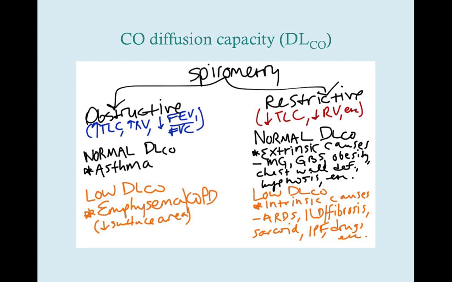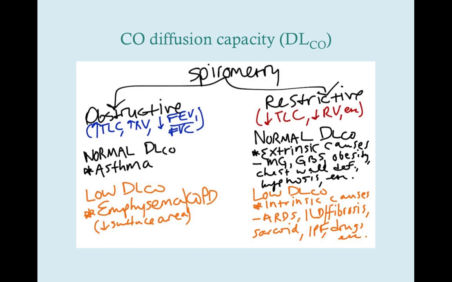They're like fibrosis, sarcoidosis, anything that diseases the tissue. Most of the restrictive diseases are diseases of the tissue. So most restrictive diseases will have a low DLCO, but the ones that don't, they're extrinsic causes. So either neuromuscular, obesity.